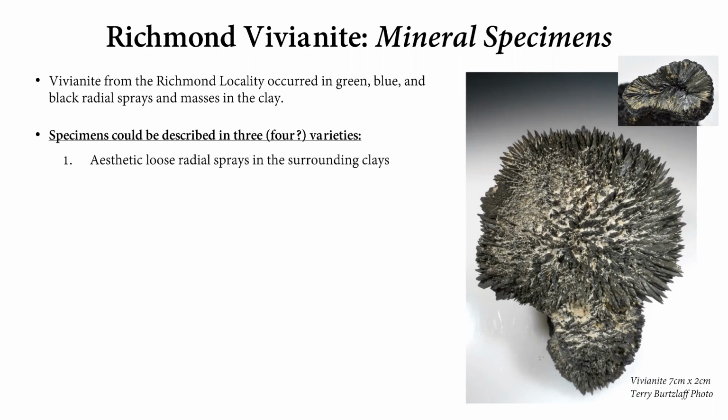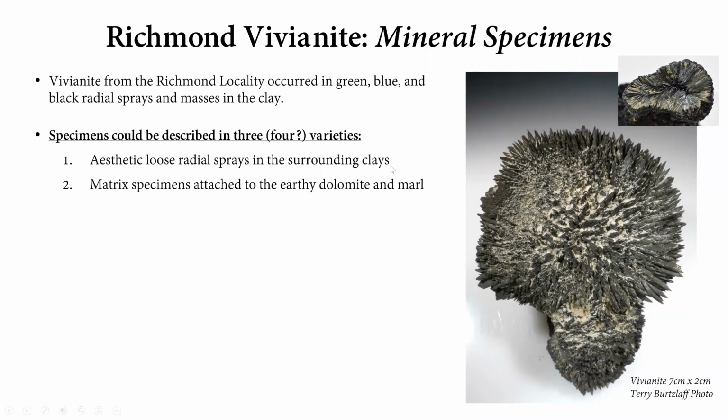But the way that we describe the specimens from here is, first, there were these aesthetic loose radial sprays in the surrounding clays. And these were very sought after mineral specimens because they had great luster, they were very beautiful, and they still had a lot of color to them. And then you had matrix specimens like we just saw, the ones that were attached to the dolomite and the marl, and those are really sought after.